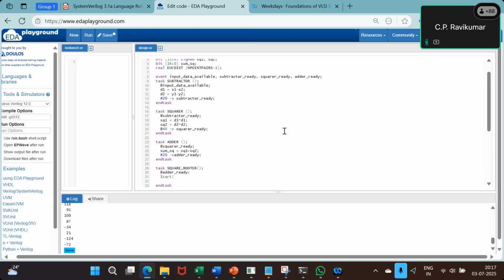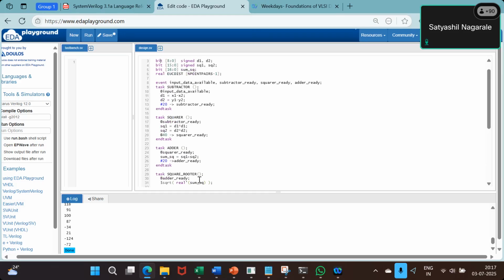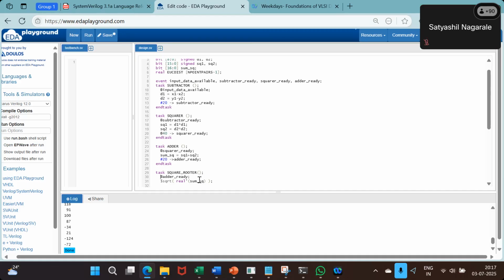And he has to take the sum of squares, and maybe we have to say real of sum of squares. This is a way to cast it. Sum of squares is not a real number, so we have to make it a real number first, and then take the square root and put it in this Euclidean distance.